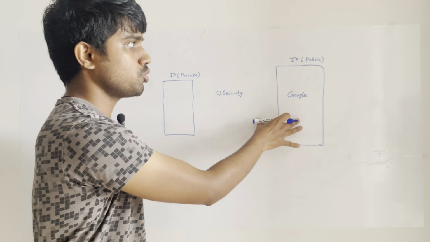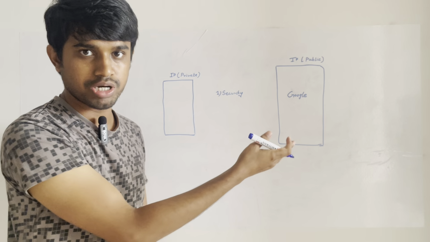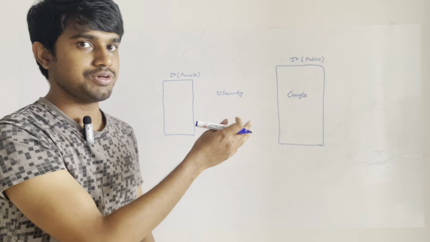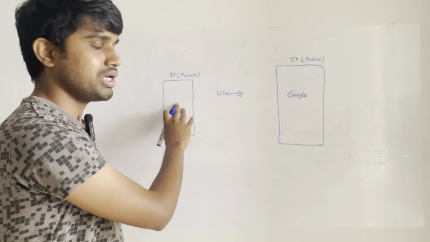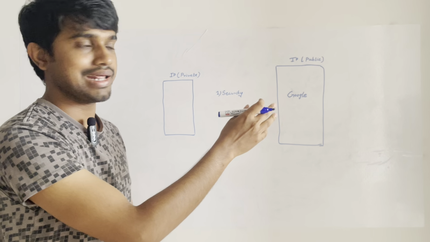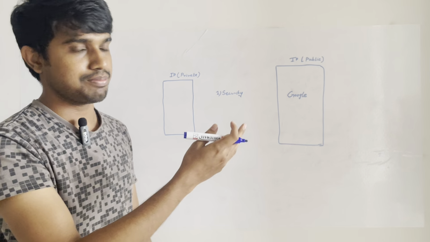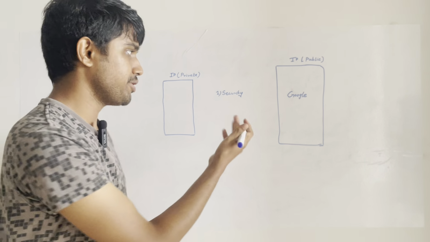So it makes sense to keep its IP public. That means it is available to everyone in the internet. But your mobile is a personal thing which you don't want to be exposed to the internet; you want it to be hidden from the internet. No one can directly hit your mobile phone and get information from it, for example. So you usually keep it private. Simple, right? The security part.